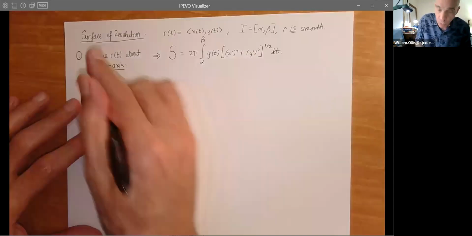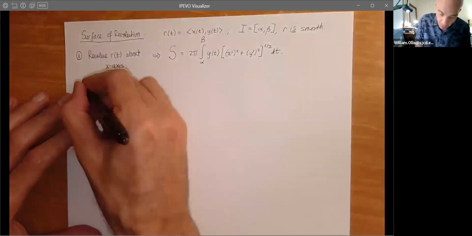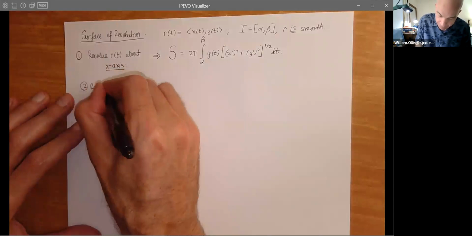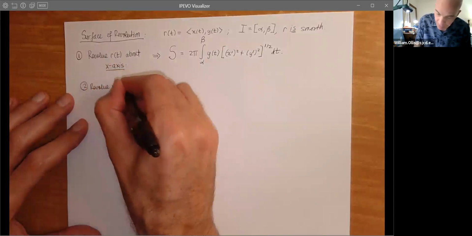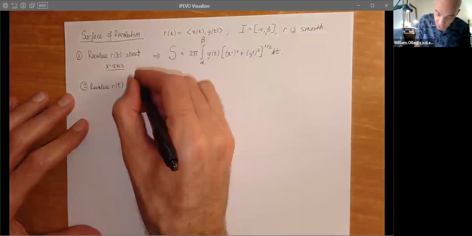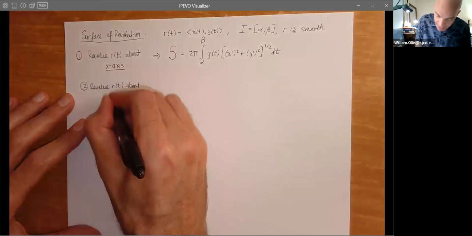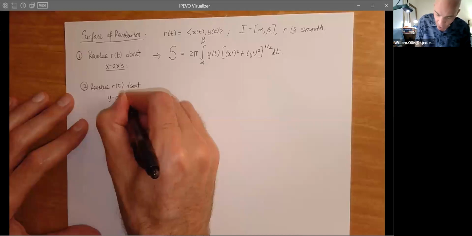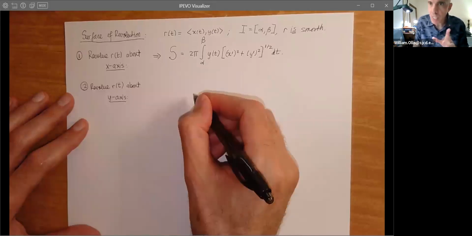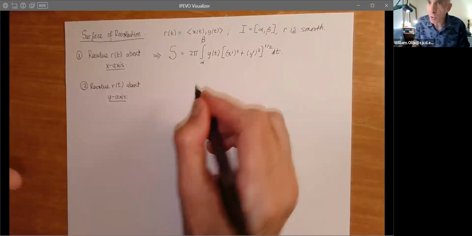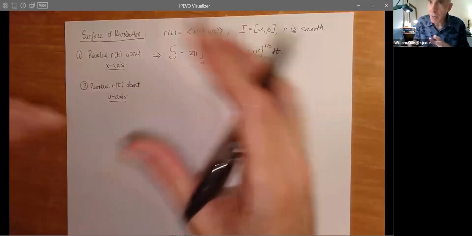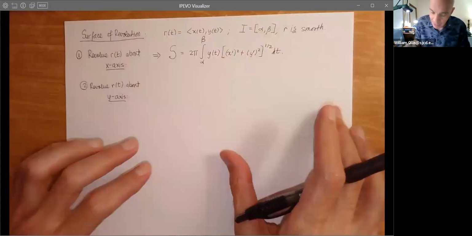And then number two, we can revolve R of t, the parametric representation, about the y-axis. And this is when it's convenient to actually know the orientation of the curve and how it's distributed via the axes.